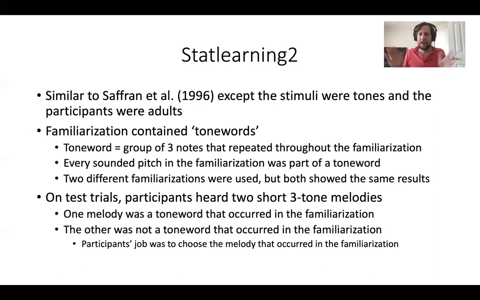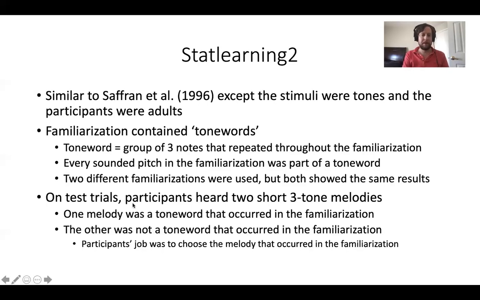But the results showed the exact same thing, so there's really no significant difference between the 2 familiarizations. There's a little bit of a difference in the test trials in Stat Learning 2. And most important for us, there's a difference in the statistical technique used: they used the 1 sample t-test in this study.